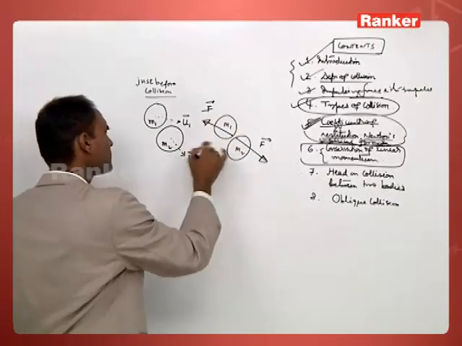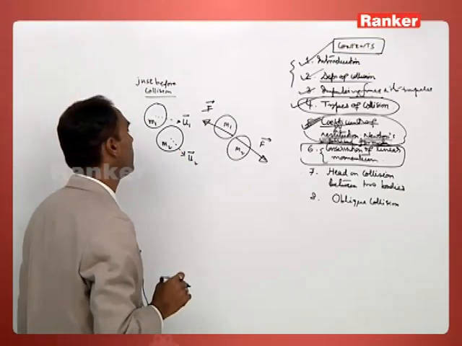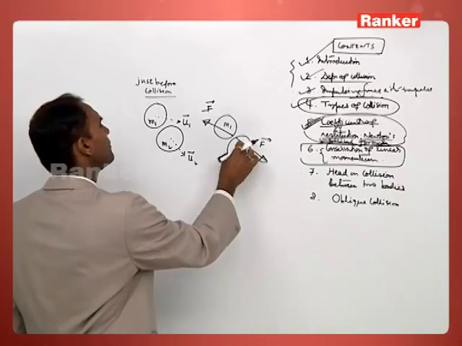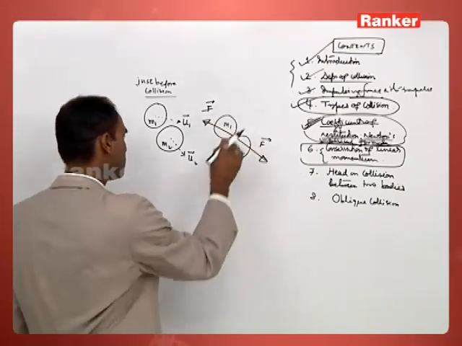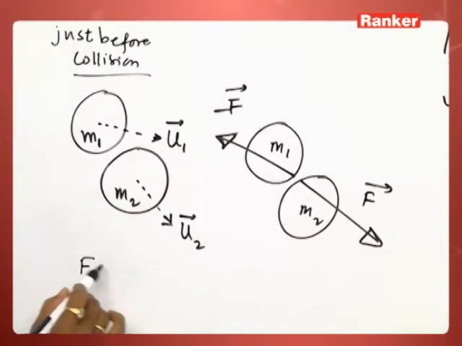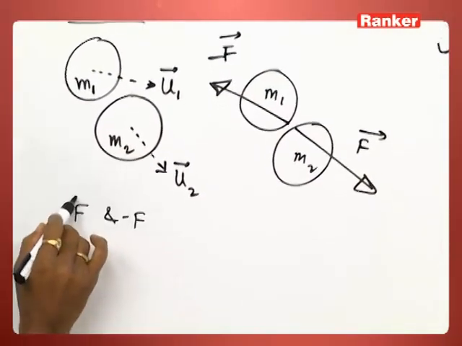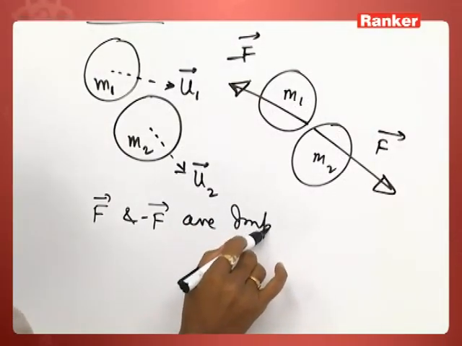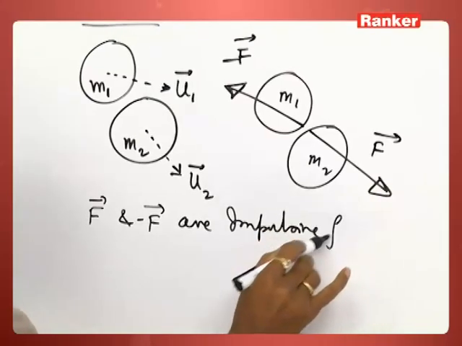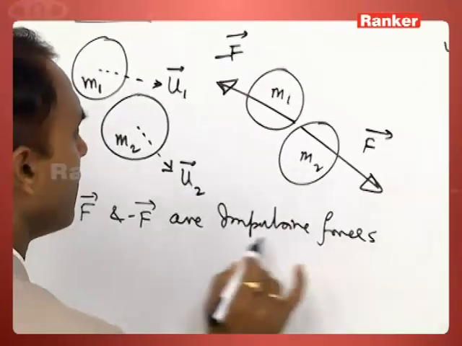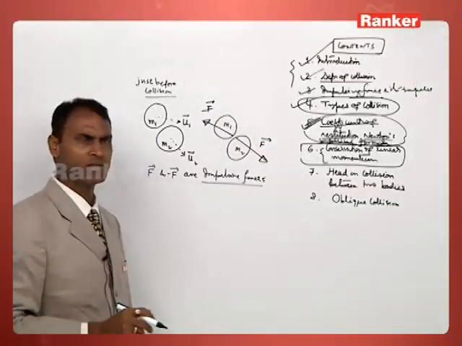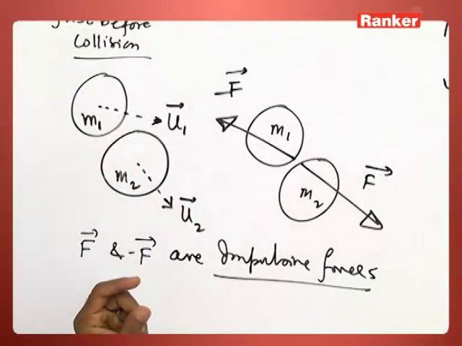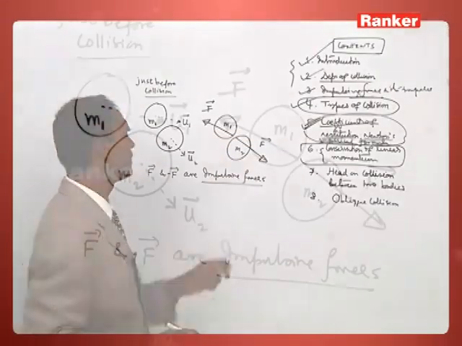If you take M1 as a system, this is the force acting on M1 during the collision. This is the force acting on M2 during the collision. So these 2 forces are impulsive forces which can change the momentum of the bodies significantly. For the sake of simplicity, we disregard the effect of non-impulsive forces such as gravity.